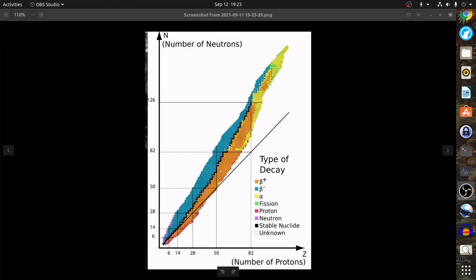So we're going to talk now about different types of radiation, but it's important to keep in mind that what is really trying to happen here is we're trying to get it closer to this stable region where we don't see any radioactivity from those elements.